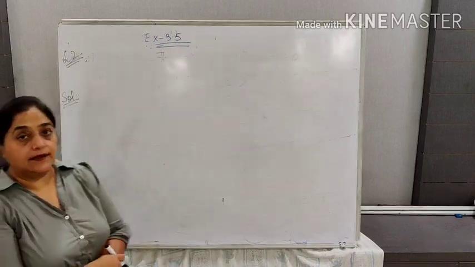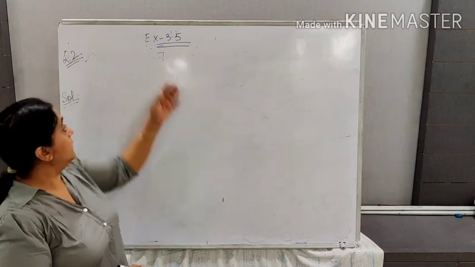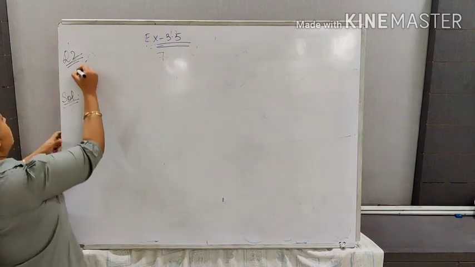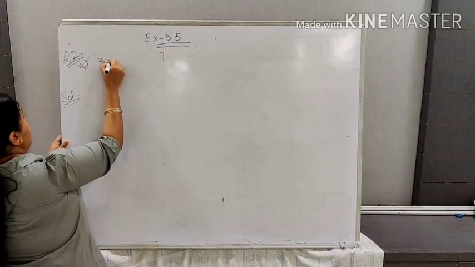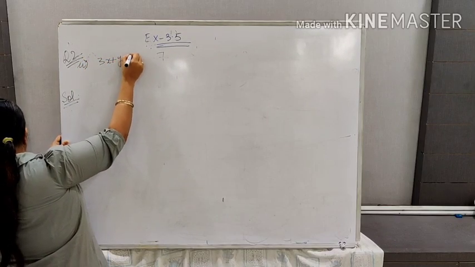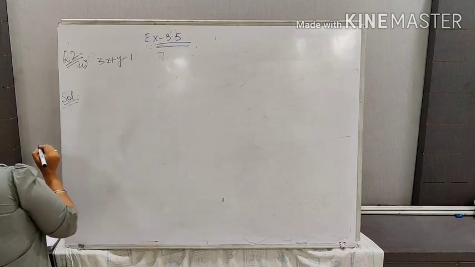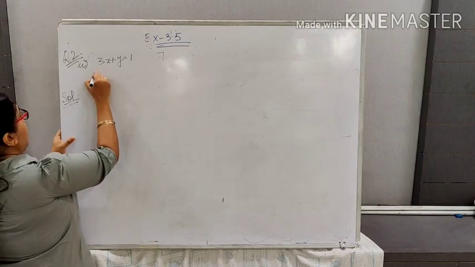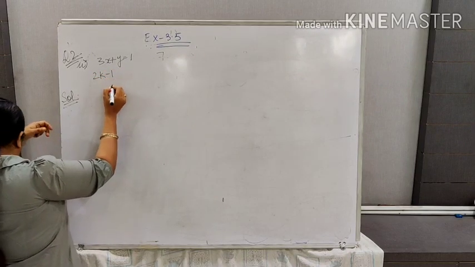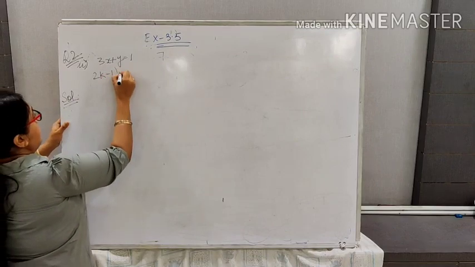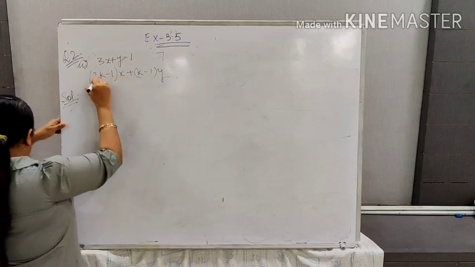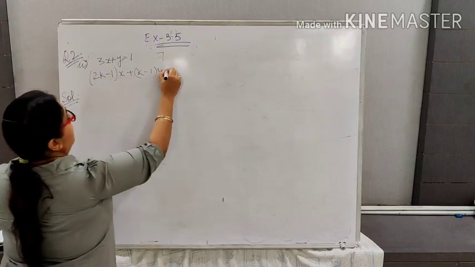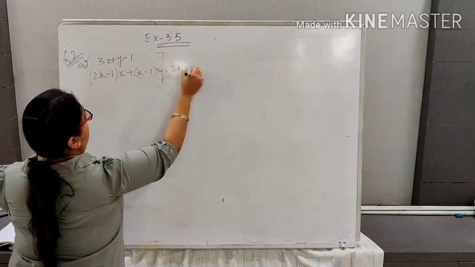Let us take another doubt question of this exercise only, 3.5, question number 2, second part. What is the second part? Linear equations are 3x plus y is equal to 1 and the next equation is (2k minus 1)x plus (k minus 1)y is equal to 2k plus 1.